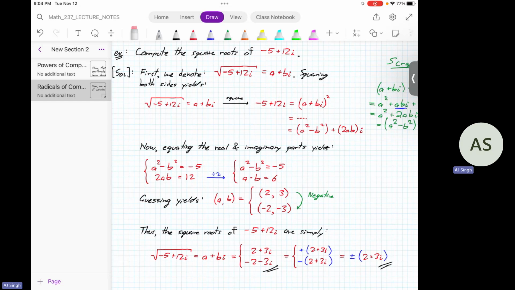Now, how much of this do we have to know? Usually, some people like to just memorize this yellow stuff right here, and they will memorize that a squared minus b squared is this blue guy up there, and 2 times ab is this green guy up there.